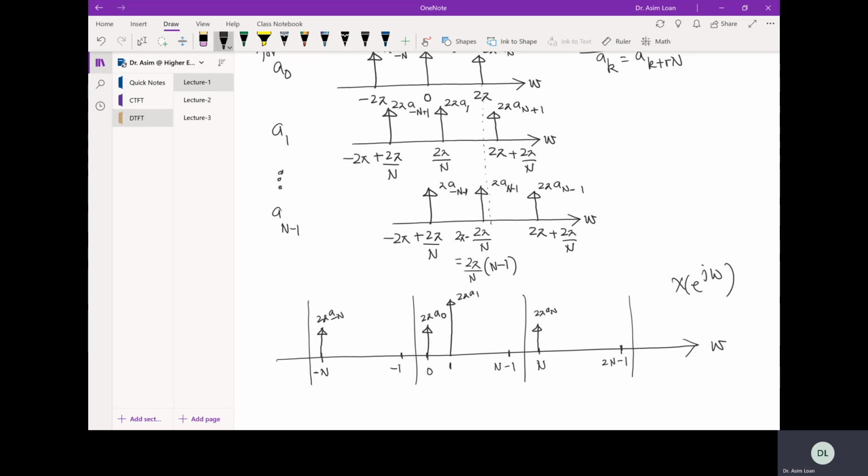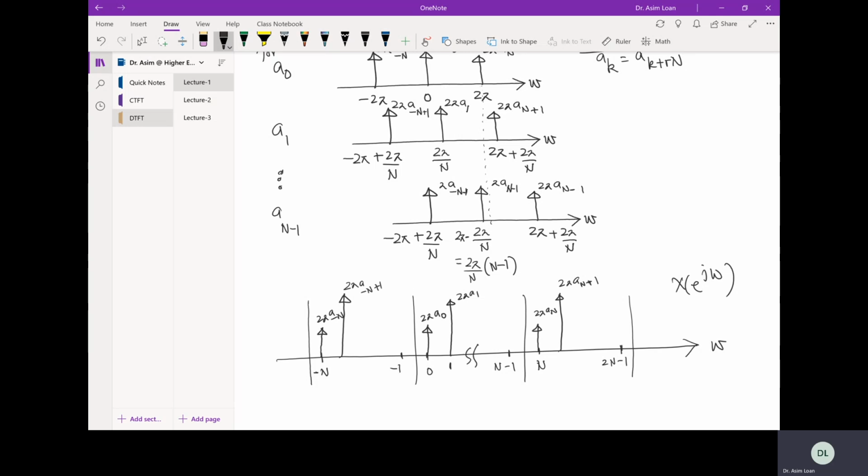This is at 1, and then at 2 pi and 2 pi plus 2 pi by n. So this is again 2 pi a of n plus 1. And obviously over here I have 2 pi a of minus n plus 1.